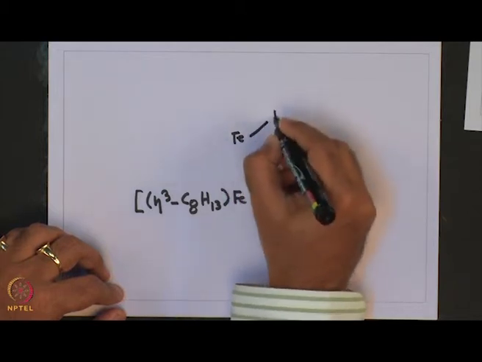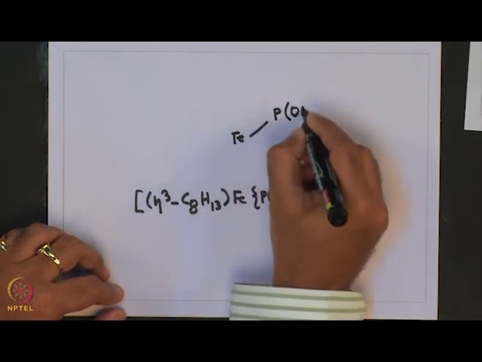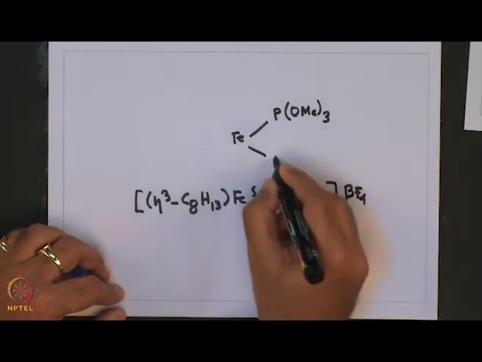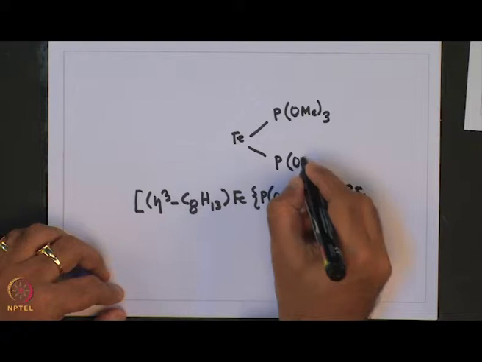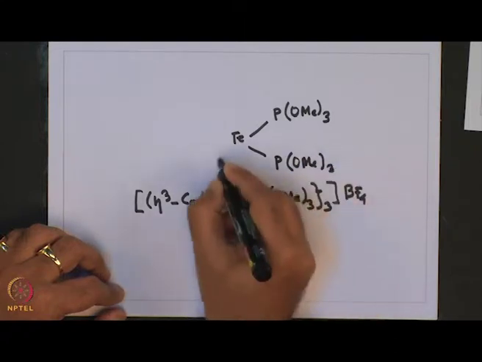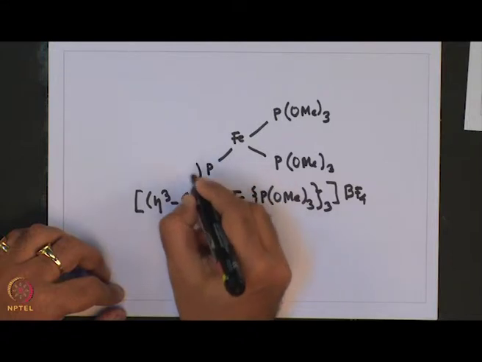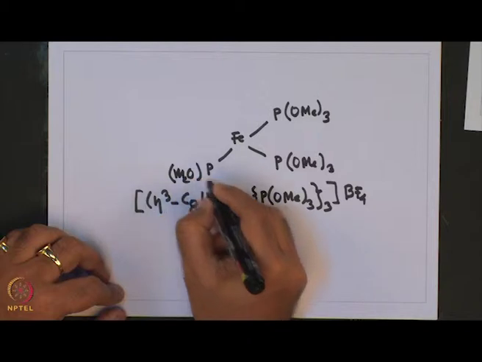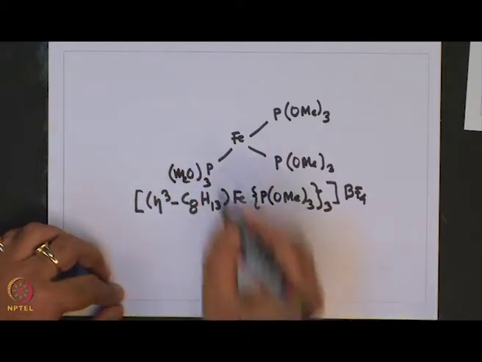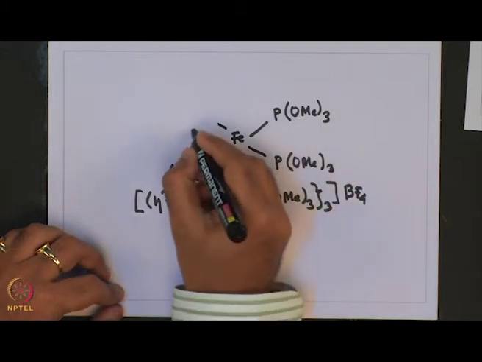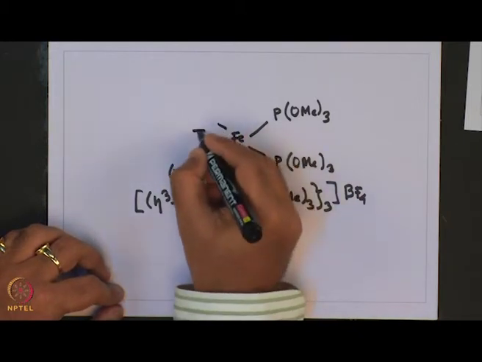It has 3 P(OMe)3 moieties bound to this 8-membered ring.